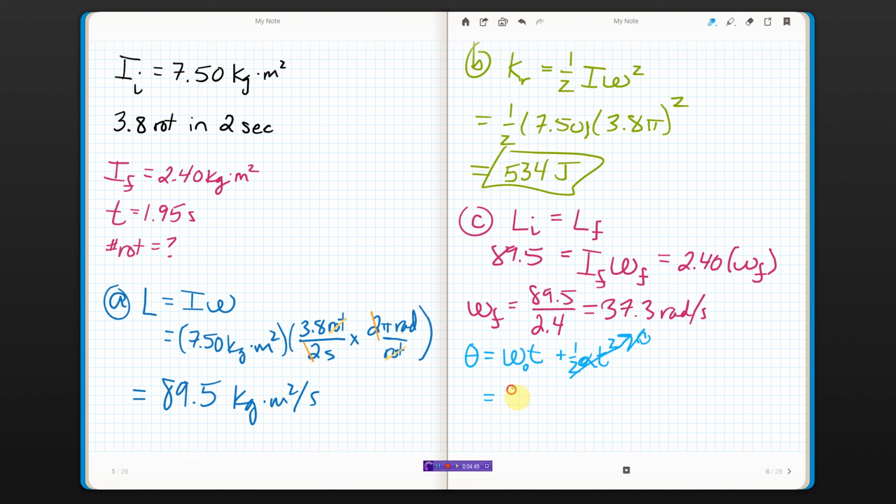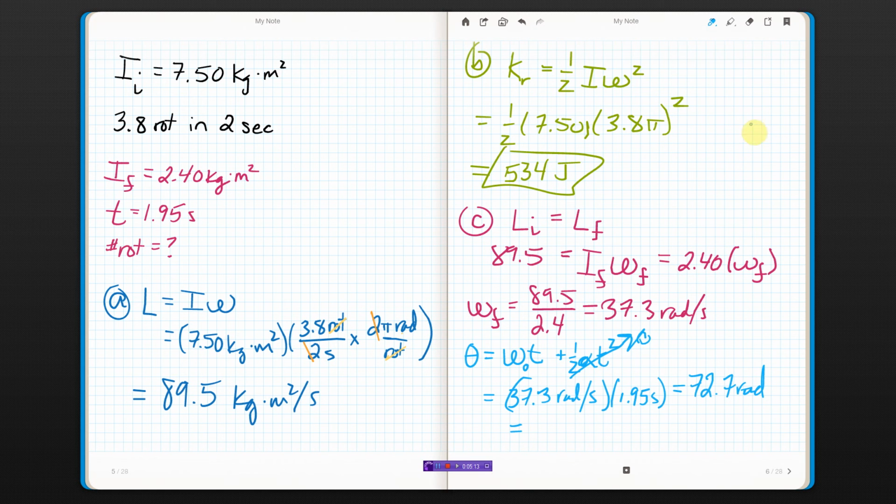So that's 37.3 radians per second times 1.95 seconds. That gives me 72.7 radians that I'm going to go through. The question is, how many rotations is that?